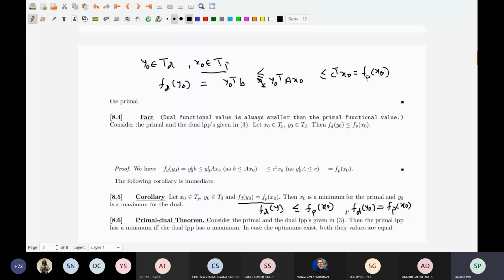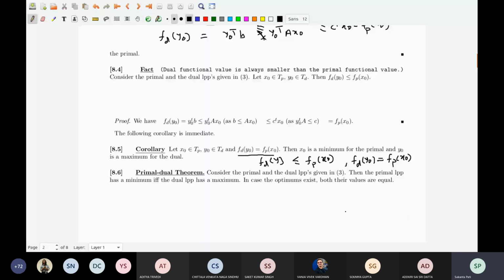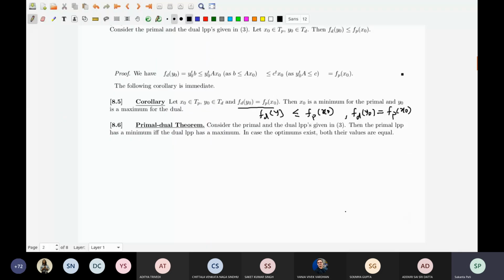So here is the important relation, why you are considering the primal dual theorem, or rather the primal dual problem. It is given by the primal dual theorem. What it says, suppose the minimum solution for the primal is attained.